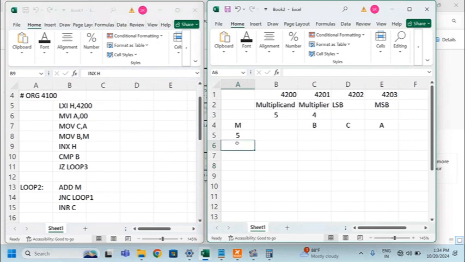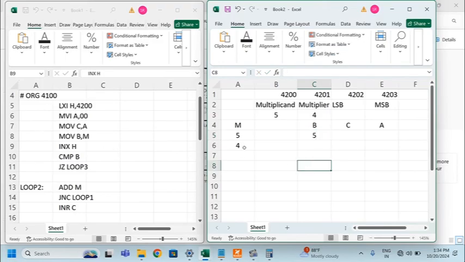Now M becomes 4. Initially the B register has 5, because memory has 5 and it is copied to the B register.